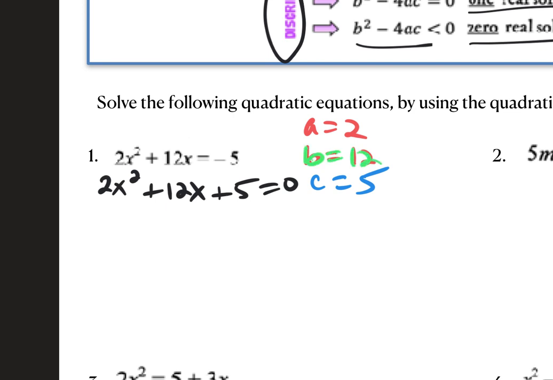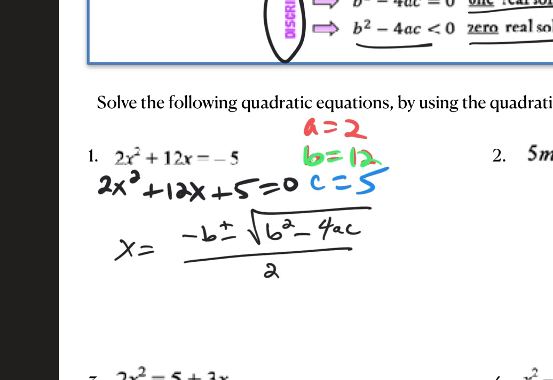And then what I'm going to do is go ahead and write out that formula, which is x equals negative b plus or minus the square root of b squared minus 4ac all over 2a. All the things I'm going to plug in are going to be in the A spot, the B spot, and the C spot.